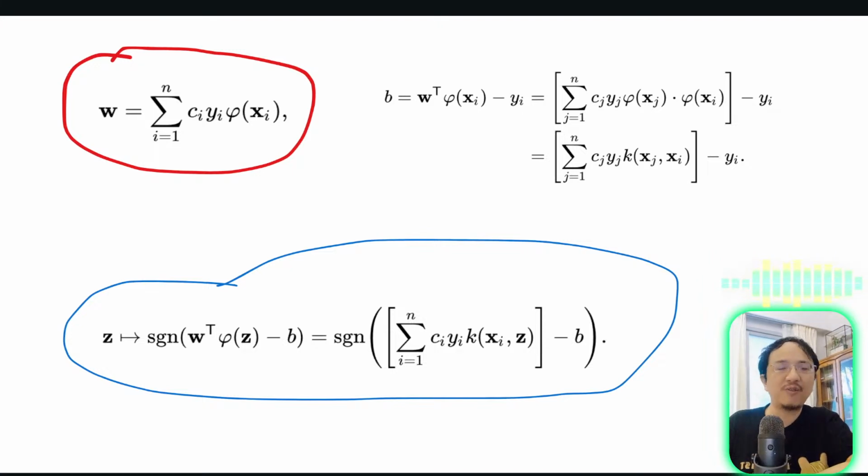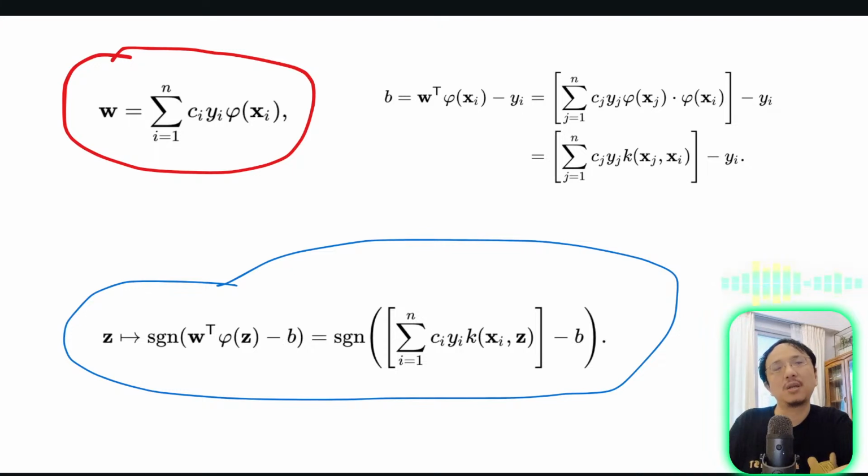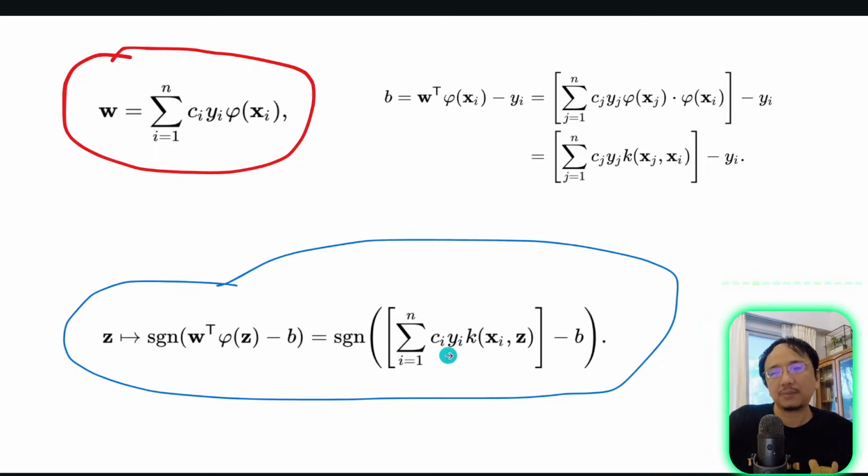But for a support vector machine, if you are using the kernel trick, the prediction time is positive linearly correlated to the size of your training dataset.